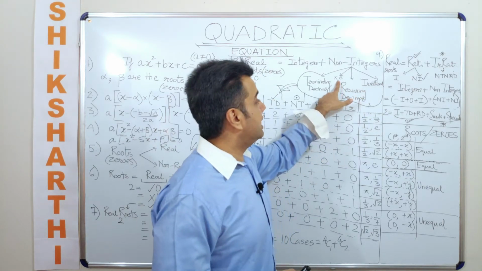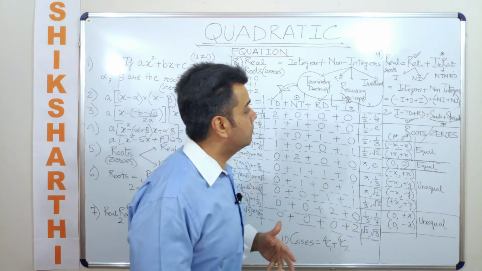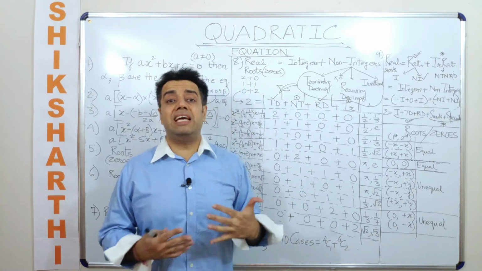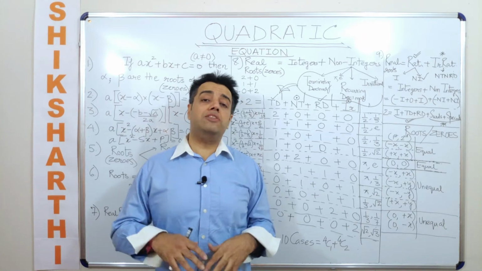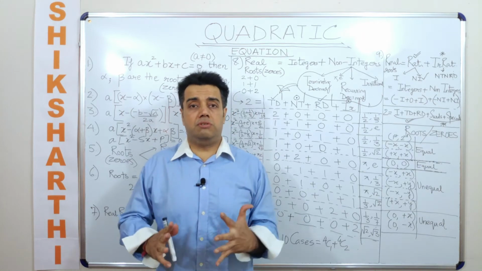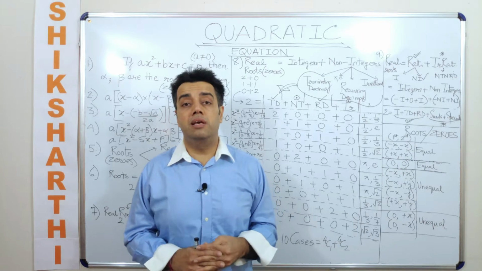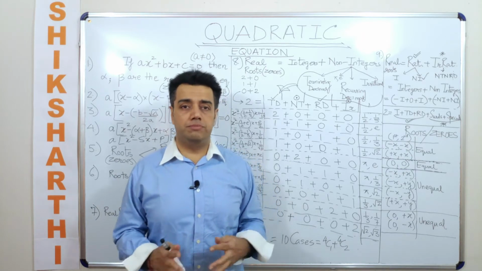So when I am talking about irrational numbers, which kind am I referring to? Irrational numbers which have a root in them are known as surds, and those irrational numbers which form a special category, for example pi, e and so on.